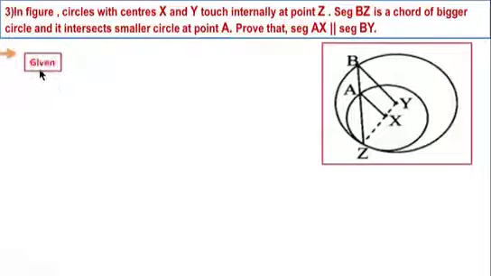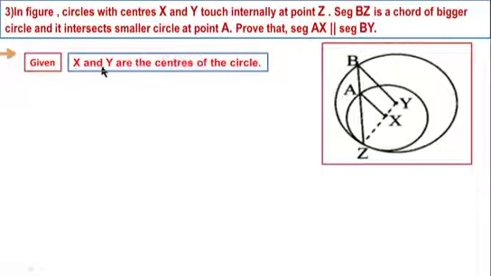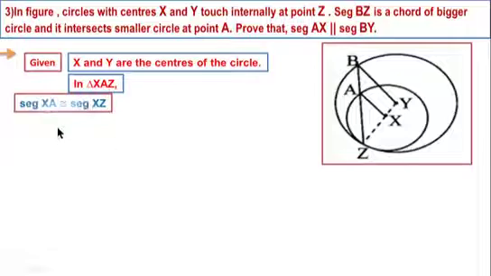Solution. Given, X and Y are the centers of the circles. In triangle XAZ, segment XA is congruent to segment XZ.